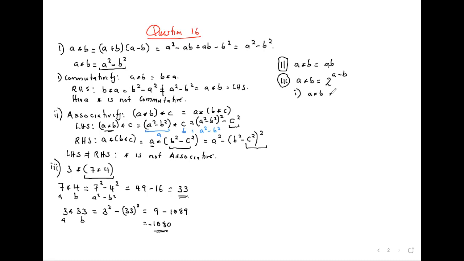Is A star B the same as B star A? So B star A is 2B minus A, but this is not equal to 2A minus B, which is A star B. So star is not commutative.